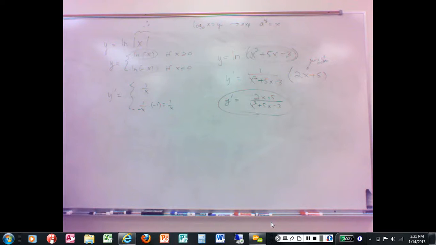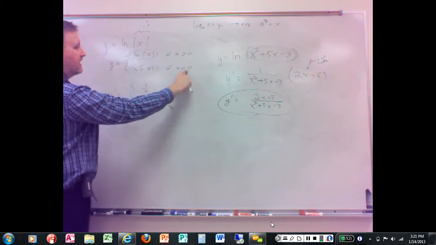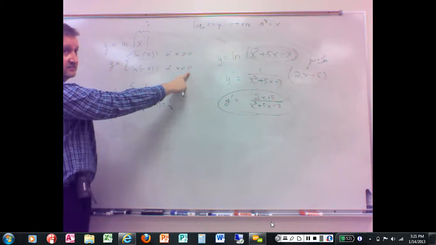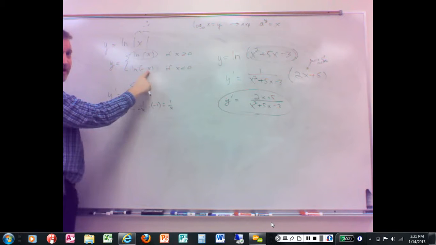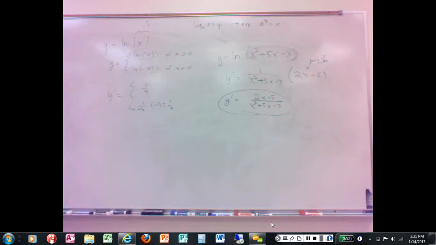Question? The logarithms are supposed to be bigger than 0, so in the second one, it's just like the definition of logarithms. Yeah. Well, x is less than 0, so I get a minus of a minus, so it'll be a positive. You see what I'm saying? Okay. So that's where it comes in positive.